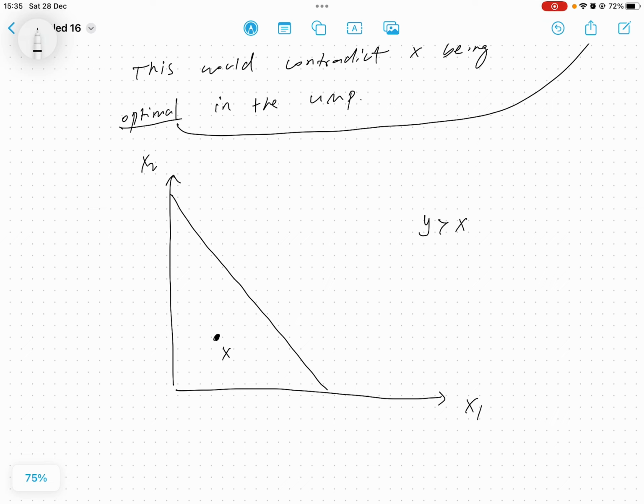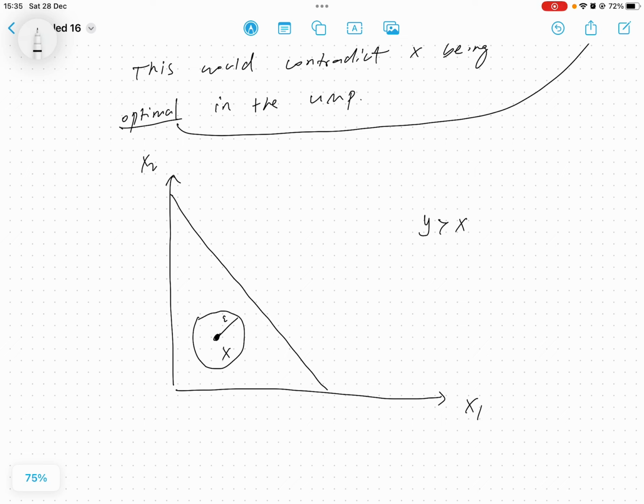We can always find some small positive real number epsilon to make a ball with center x and radius epsilon.